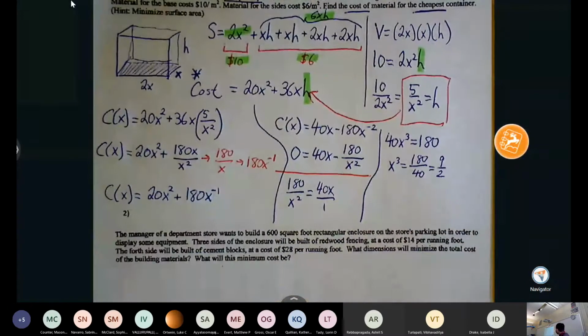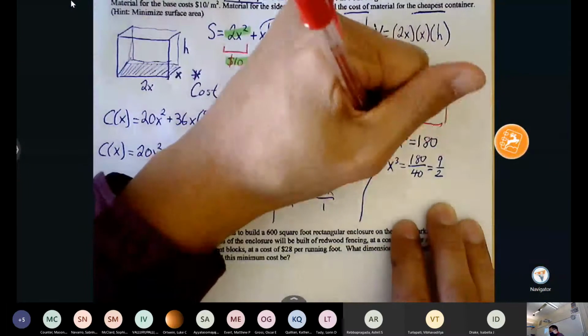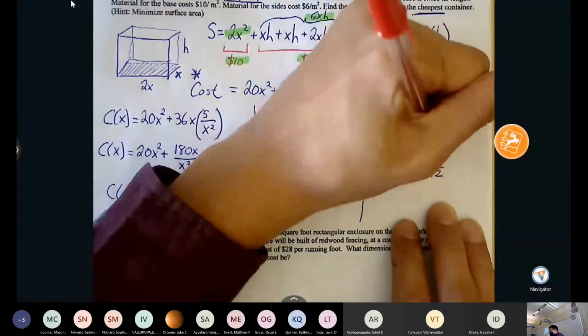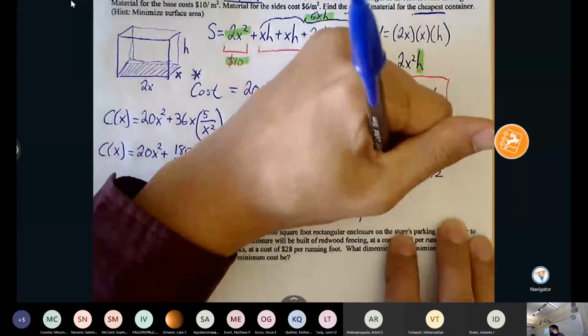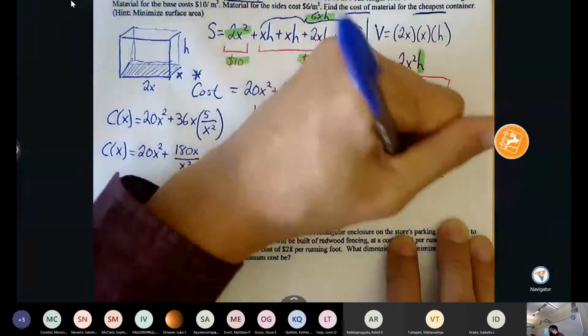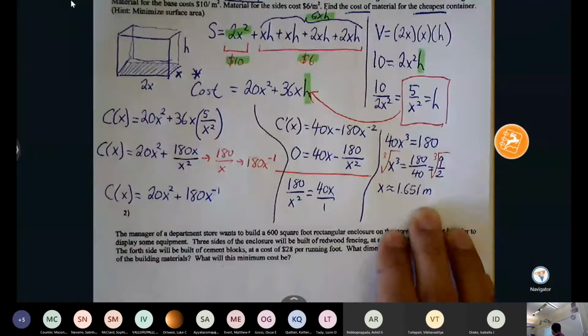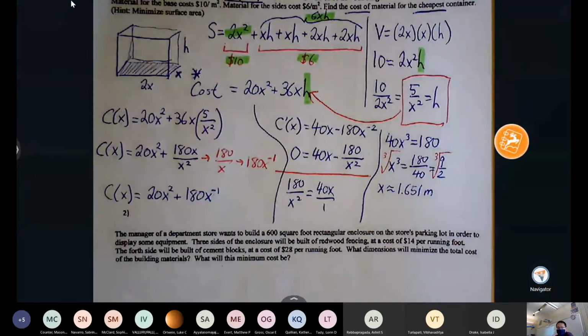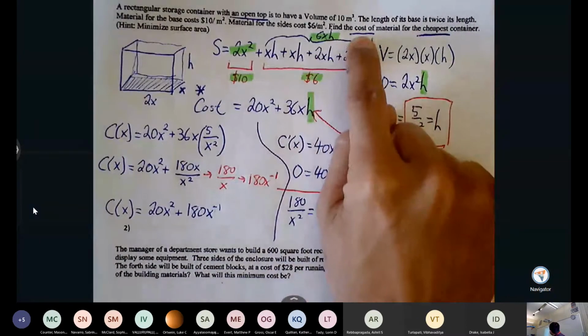Reduce this to be 9 over 2. Take the cube root of both sides. So we have our x. Let's read the problem. What other information are they asking for? They're not asking for the dimensions, they're only asking for the cost.